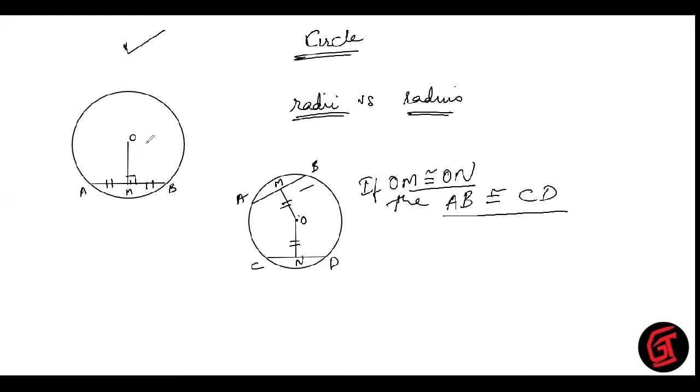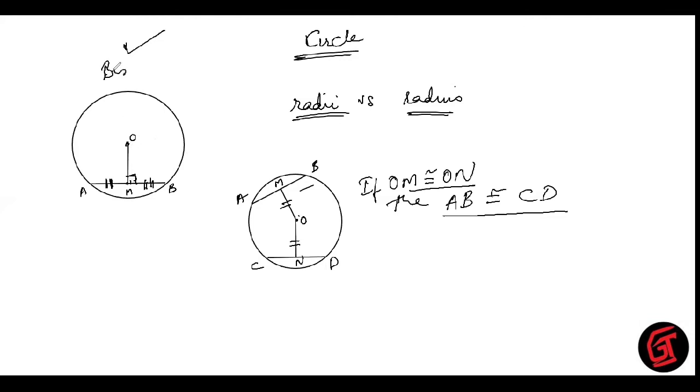Converse will be: if OM is perpendicular to AB, then AM is congruent to MB, or in theorem language, perpendicular drawn from the center of the circle to the chord bisects the chord.